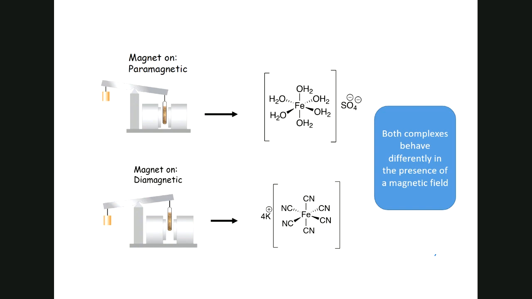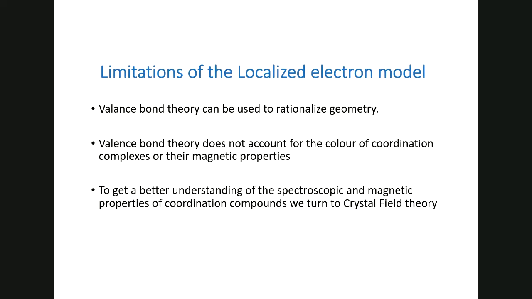So in order to fully understand what's going on here, we have to now look at another theory of bonding. What we were looking at before was called the localized electron model, or valence bond theory. And we can use it to talk about geometry, to rationalize the formation of octahedral or tetrahedral complexes.